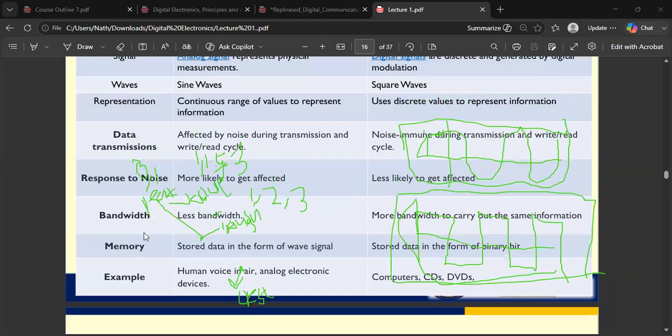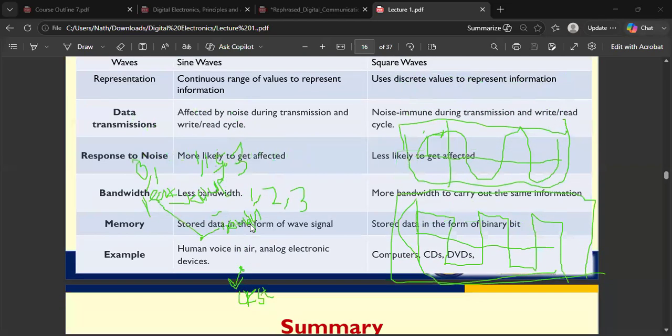And then the bandwidth. In a digital system, the bandwidth is small compared to the analog system. And then the memory: analog stores data in the form of a wave signal, the sine wave, while digital stores data in the form of binary bits, zeros and ones.